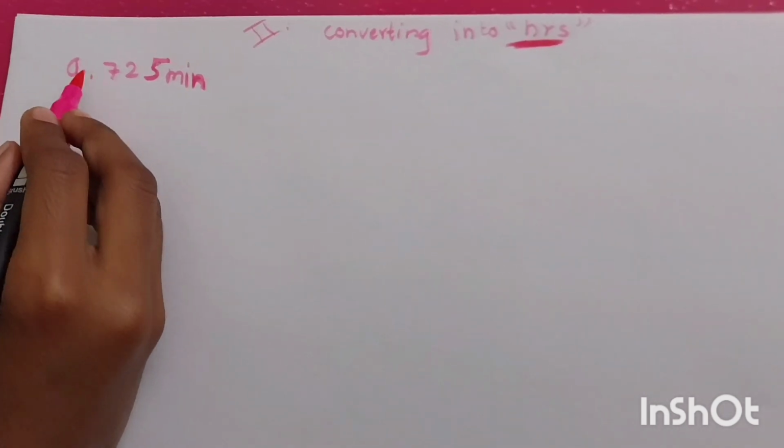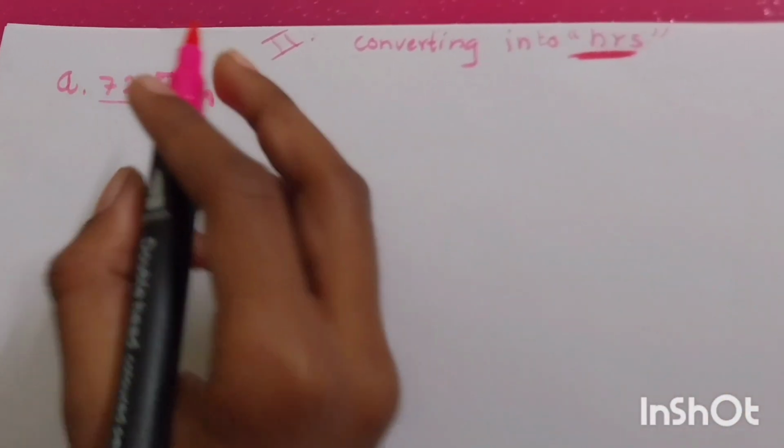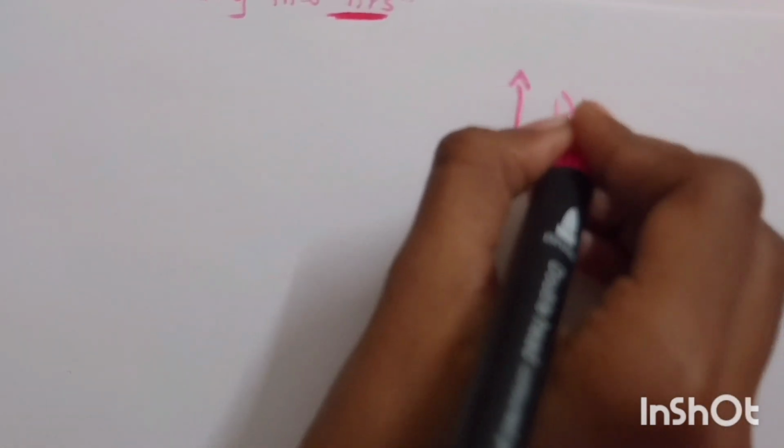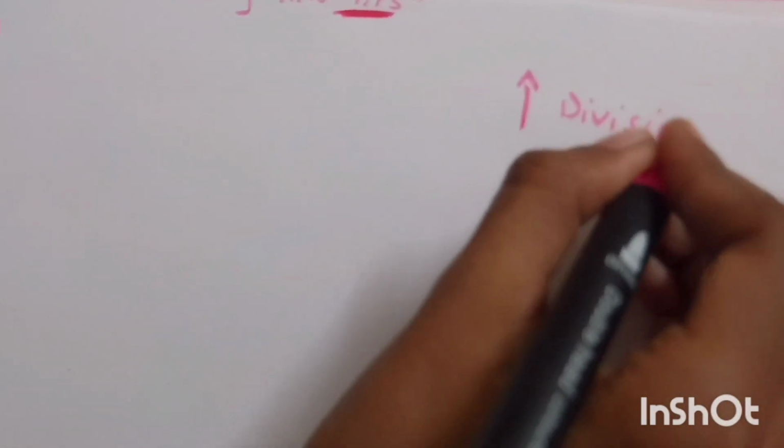We are getting started with the first question. 7:25 minutes. As you can see, the minutes value is bigger than the hour. So I'll show you in the diagram. If we are converting to greater values, we have to do division, right?